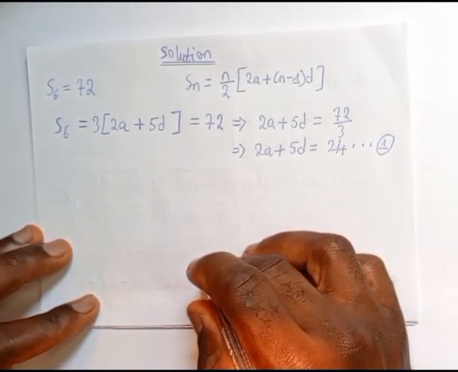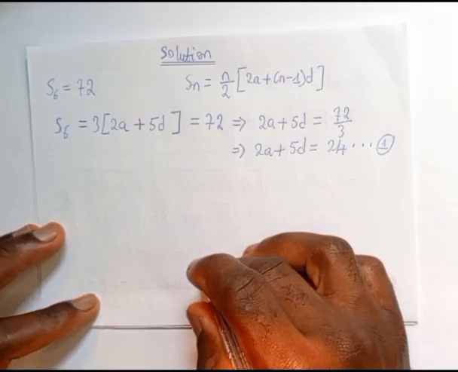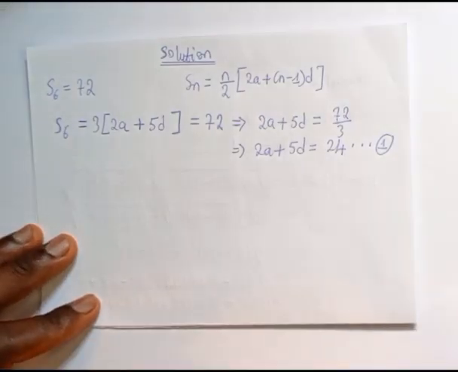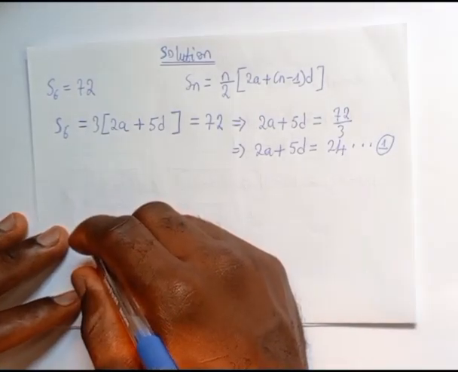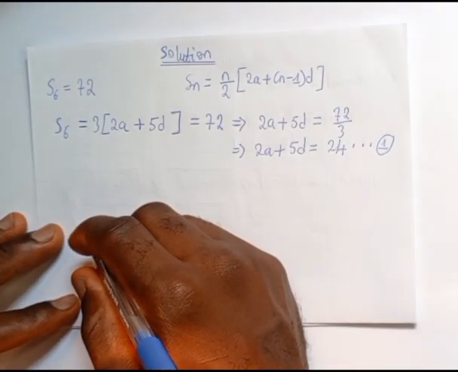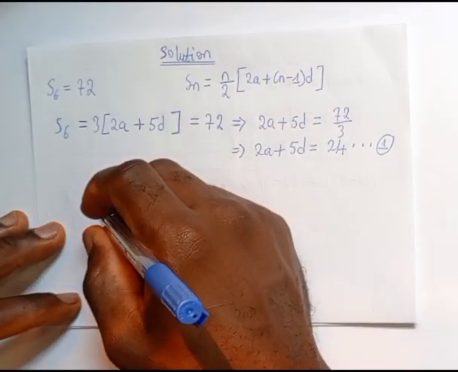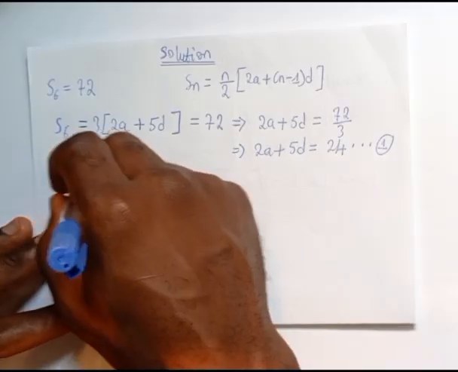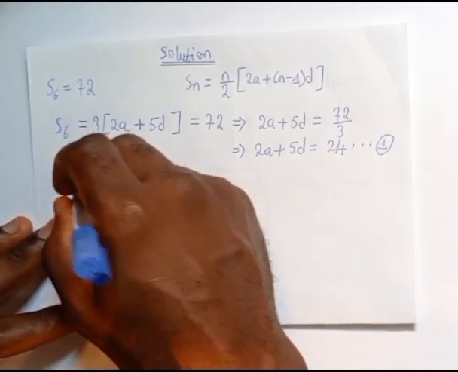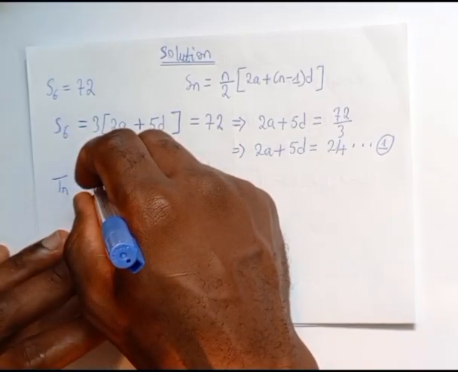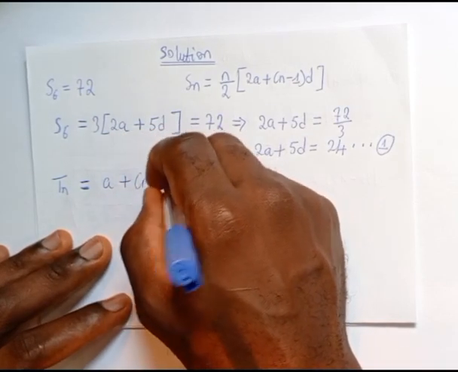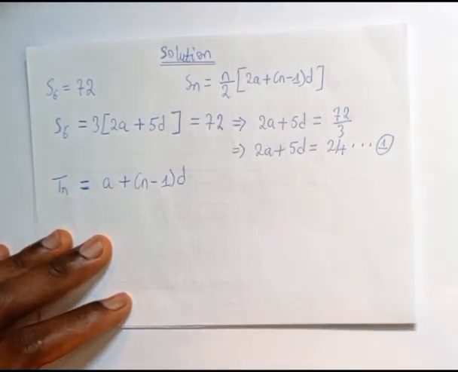The question goes further to tell us that the second term is 7 times the 5th term. We know the terms of an AP are given by Tn, which is equal to a for the first term plus n minus 1 times the common difference.